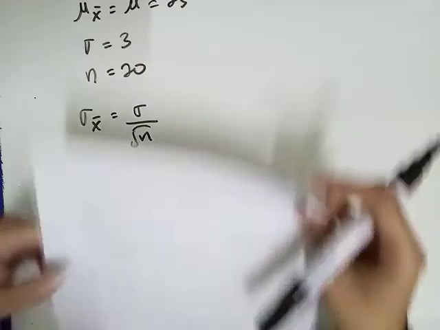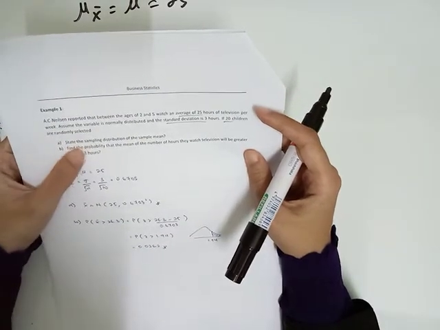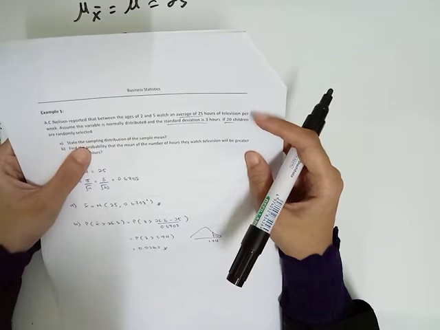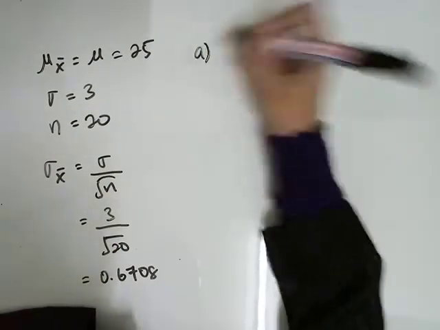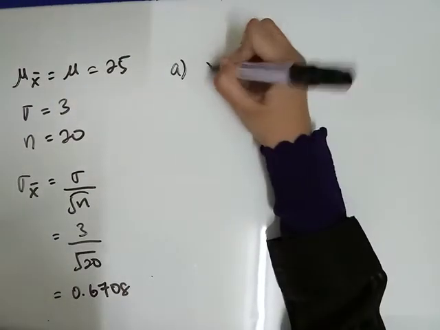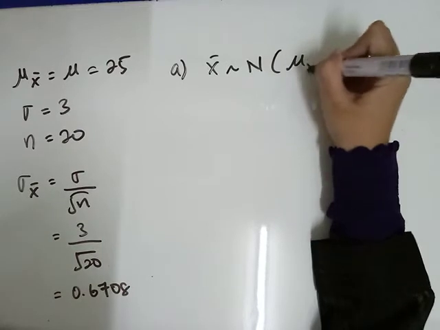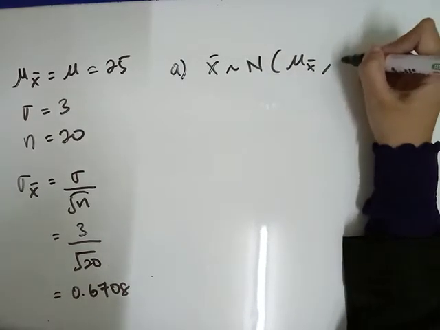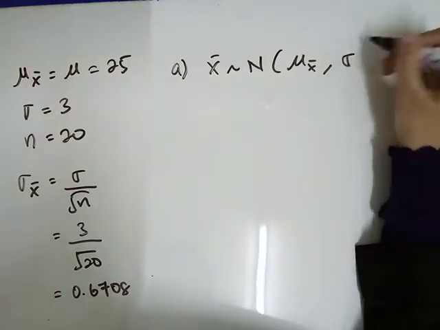Okay, look at A. State the sampling distribution of the sample mean. Bila soalan tanya macam ni, state the sampling distribution of the sample mean, which means you have to state that sample mean having normal with mean of the sample mean and variance of the sample mean.